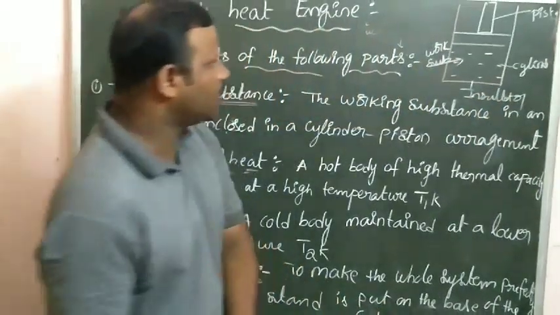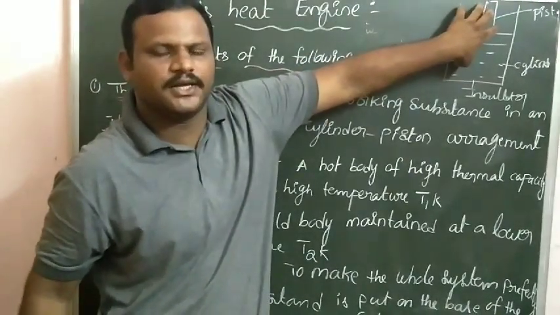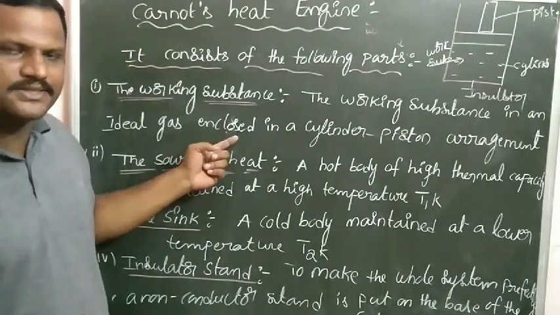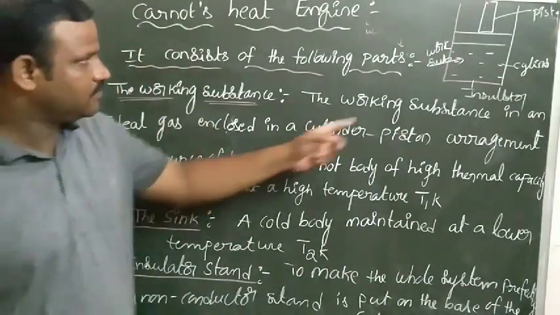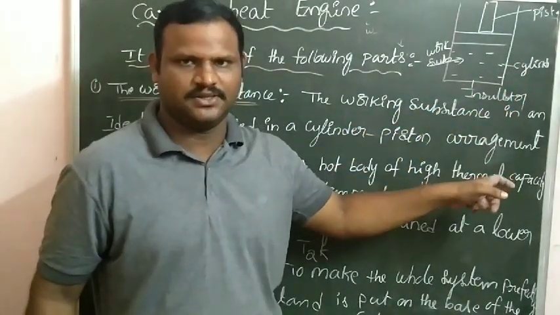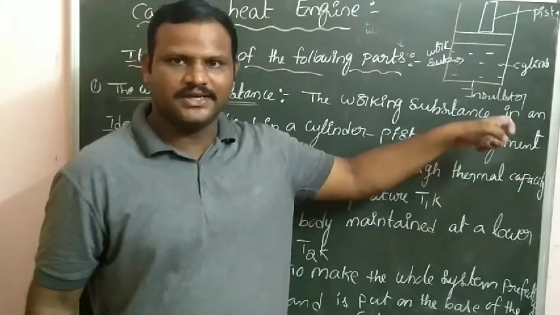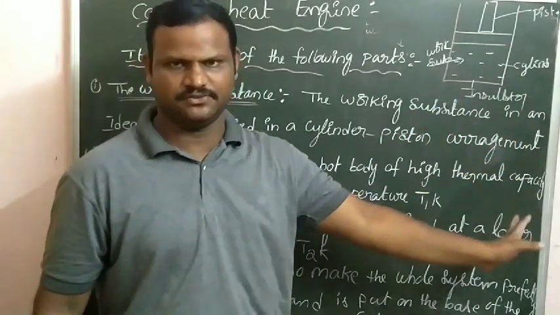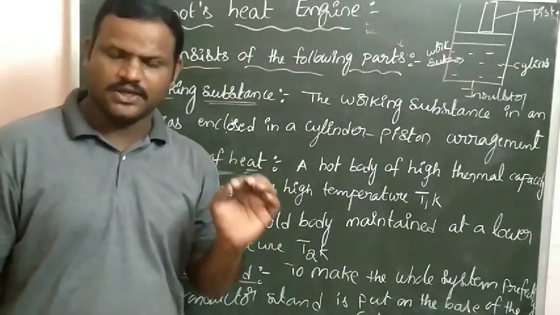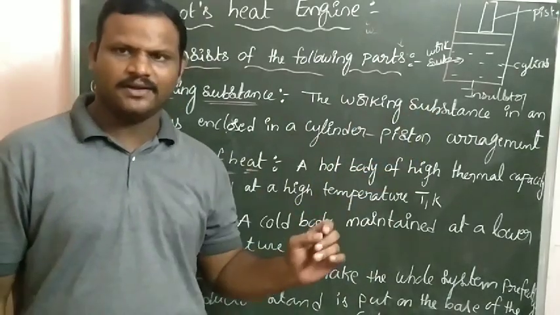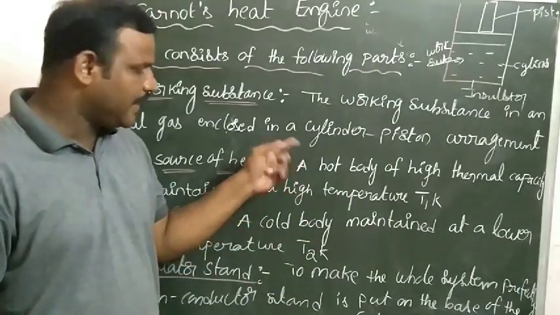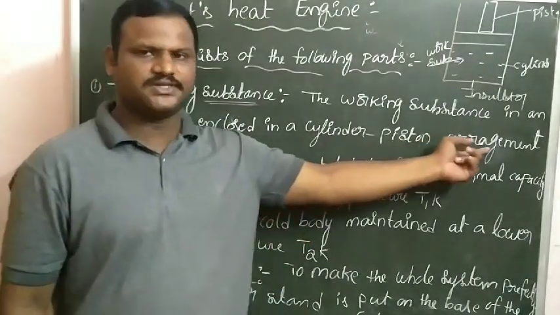Okay, based on the total diagram, the working substance is an ideal gas enclosed in a cylinder piston arrangement. Once more, repeat: the working substance is an ideal gas enclosed in a cylinder piston arrangement.